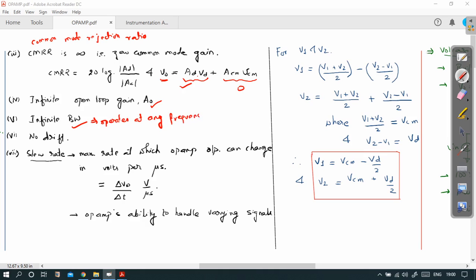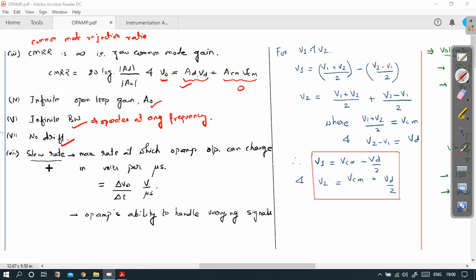Basically, this is the meaning of having an infinite bandwidth. It has no drift, that is, the performance does not change with changes in parameters, temperature and other things. So it suffers no drift, and that's a good thing.